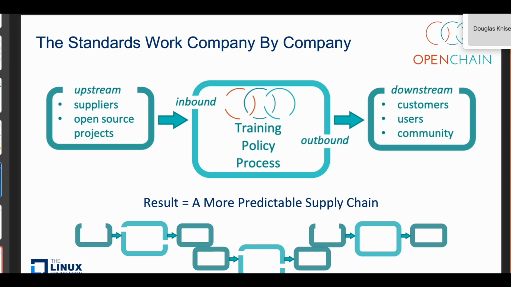When it comes to actually managing the supply chain, or just an individual company, we need far more than an SBOM. Remember, I said it's an implementation choice. There are multiple implementation choices to be made. We have a requirement for inbound processes, internal training policy and processes, and outbound processes.